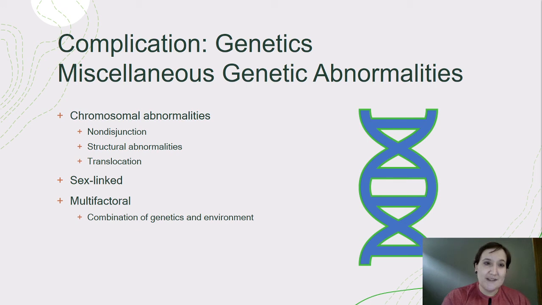Klinefelter syndrome is not typically diagnosed, or historically has not been diagnosed, until a man chooses to reproduce and finds that he is unable to do so. Individuals who are affected by Klinefelter's and Turner syndrome are unable to have children of their own.